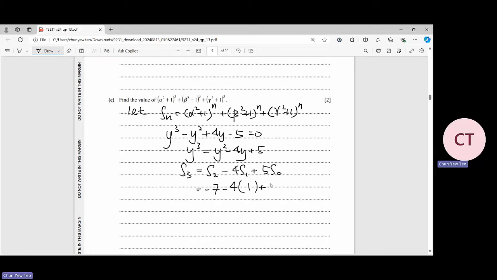Then S0 means power 0, so you get 1 plus 1 plus 1, which is 3. Then just press the calculator. You get -11 plus 15, which is +4. Done. Just like that. This is the answer for number 2, C.